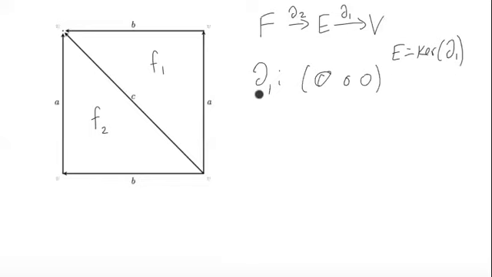Now let's take a look at the matrix for partial 2, or the boundary map 2. So we think about the different faces coming in.